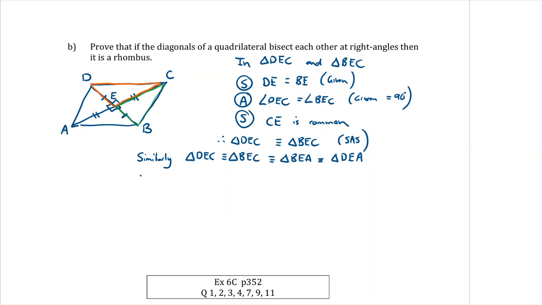So that means, therefore, that all those outside side lengths of that rhombus are going to be equal. So DC equals CB, which equals BA, which equals DA. And that's because they were corresponding sides in congruent triangles.